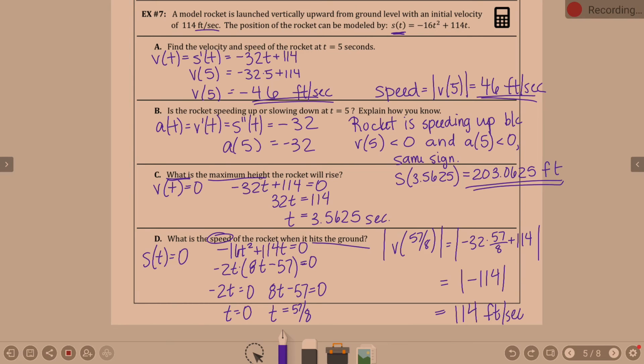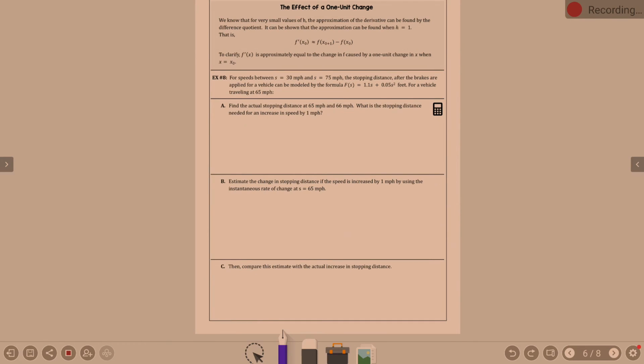Last page, right? Okay. We know that for very small values of h, the approximation of the derivative can be found by the difference quotient. So that's what we use for the definition of derivative. It can be shown that the approximation can be found when h equals 1. Now that is, the derivative at x naught is approximately f of x naught plus 1 minus f of x naught.